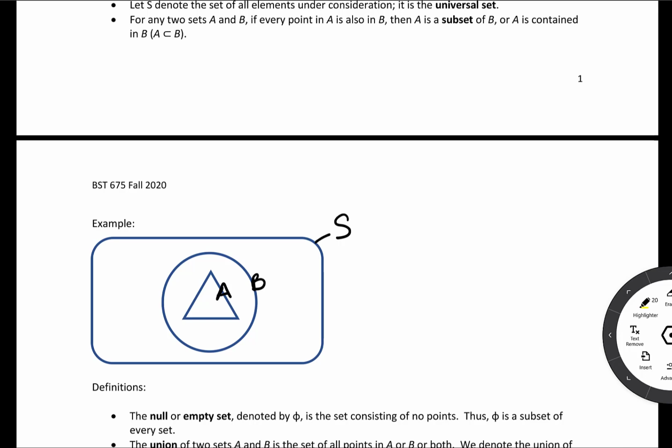Notice here that the triangle is contained inside the circle. So here we have that A is a subset of B. Notice also B is a subset of S, the universal set, and A is a subset of the universal set.